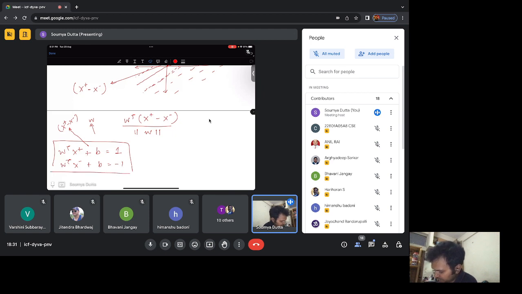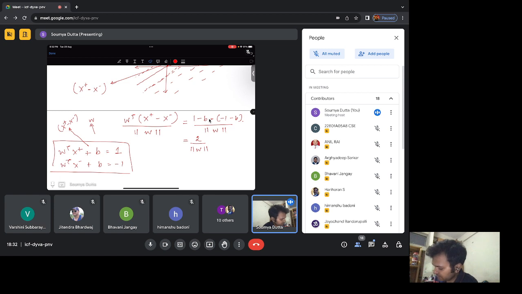So you substitute: W transpose x plus becomes 1 minus B, and W transpose x minus becomes minus 1 minus B, and this is of course divided by the norm of W. If you see here, the B terms get cancelled out, so this just becomes 2 by norm of W.